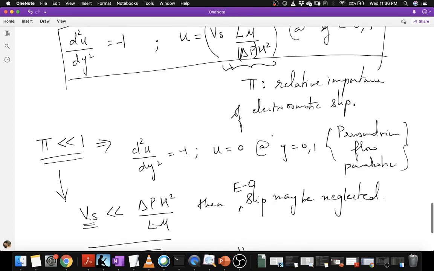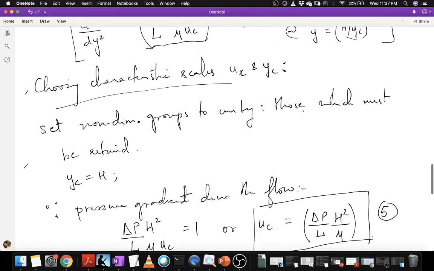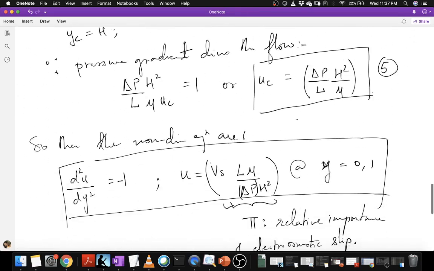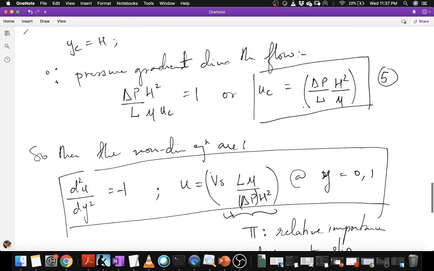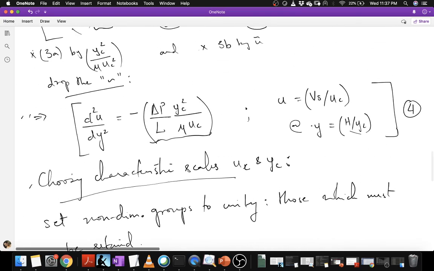That means if I, coming back here, where I have to choose between which of these terms, the one involving delta P or the one involving Vs, to make unity and set the new characteristic.